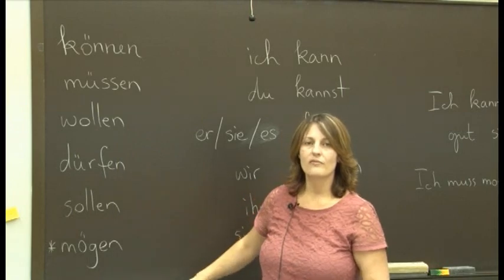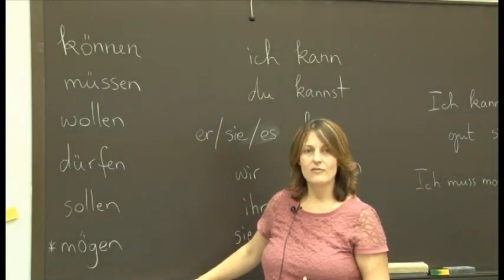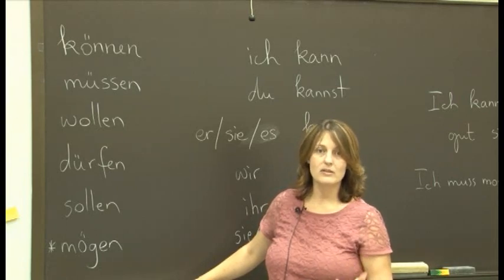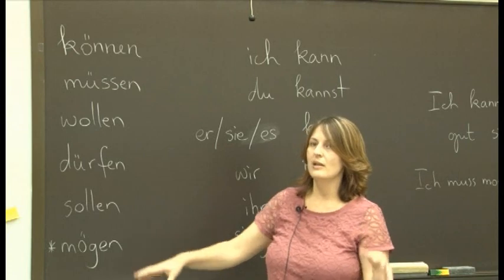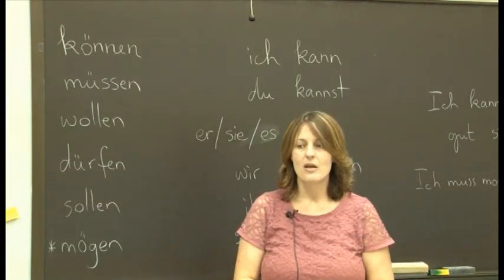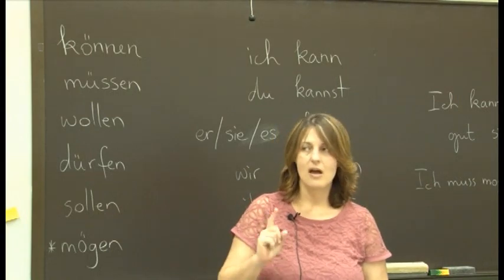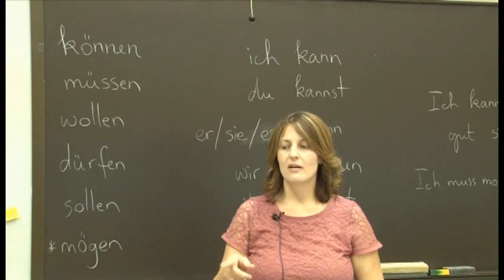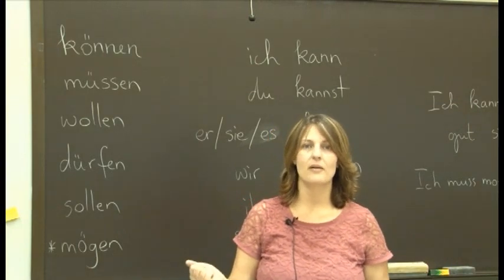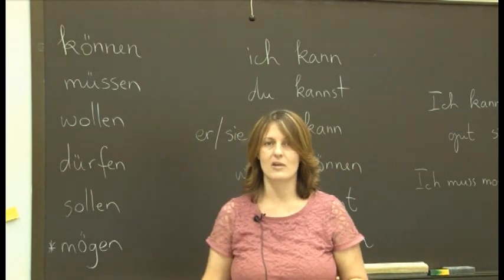And then let's go to dürfen. Dürfen means may, darf nicht, may not, or must not, and be allowed to, okay? Zum Beispiel hier im Klassenzimmer dürfen wir trinken, ja, wir dürfen trinken, aber wir dürfen im Klassenzimmer keinen Alkohol trinken, ja, und wir dürfen im Klassenzimmer nicht rauchen, ja.